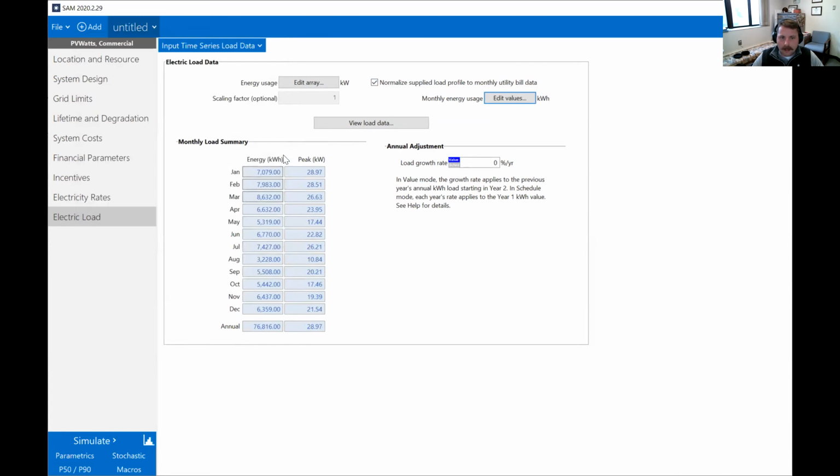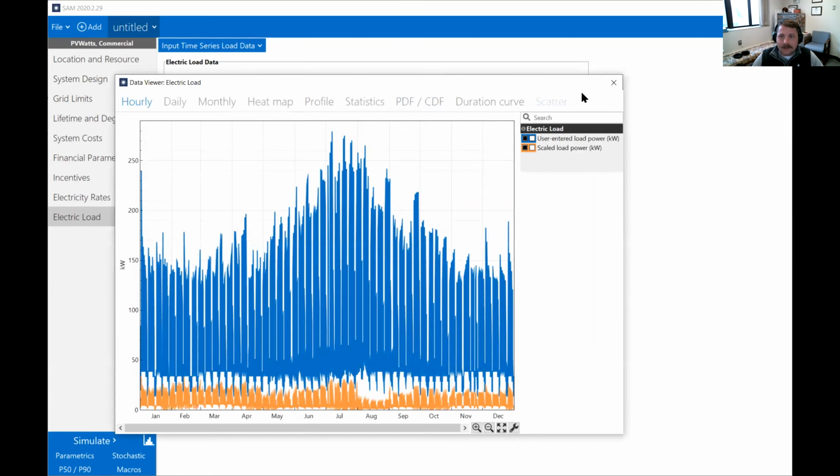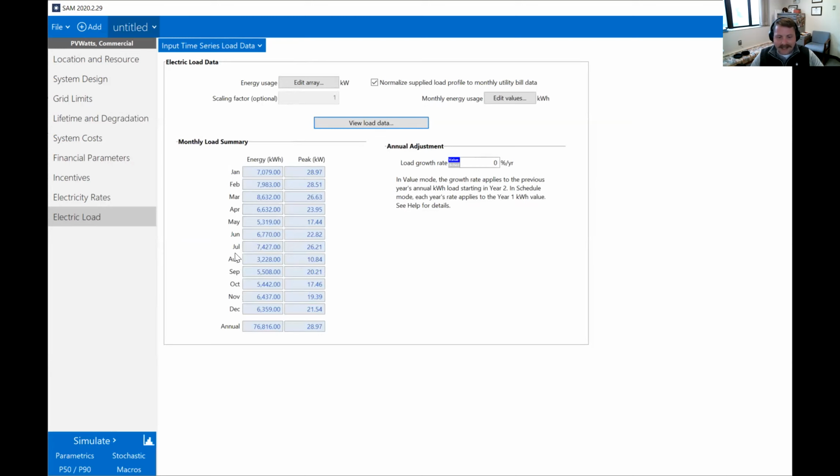And now these are my numbers. What it's done is take my kilowatt hours in a month and convert that to a peak kW. It brings up another table, and I can actually look at the hourly values it translated from monthly data.